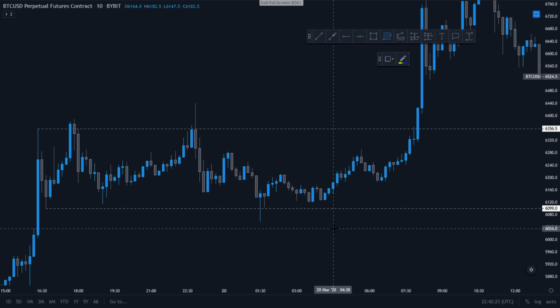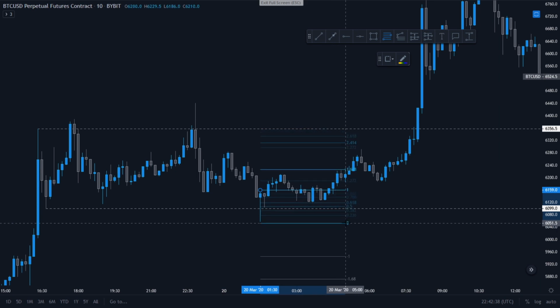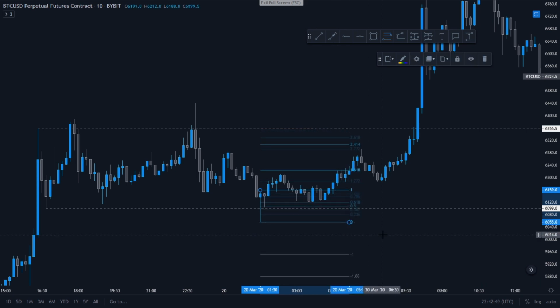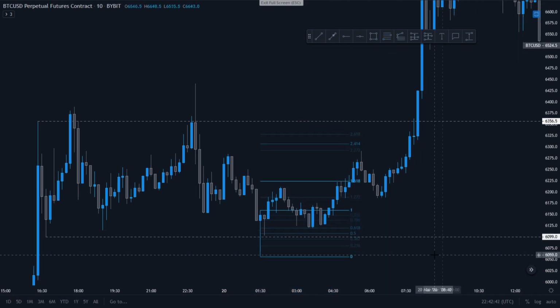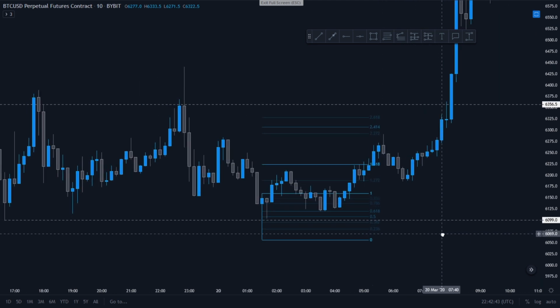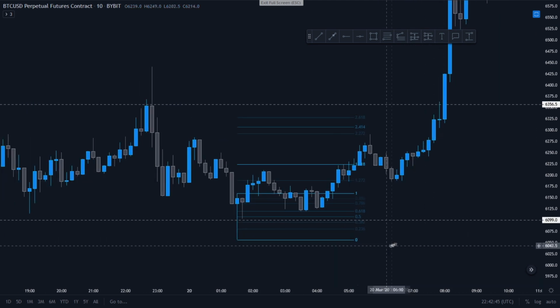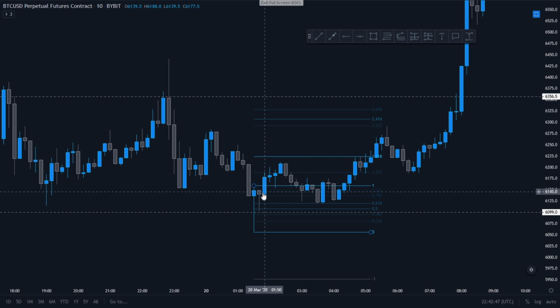So the first method is that you just market enter, okay? You see the candle has closed, then you market buy and wait for the price to go up. The second method is that you enter on the 50% retracement of the candle. Because in many cases, I would say in most of the cases, the price retraces 50% here, the size of the candle.